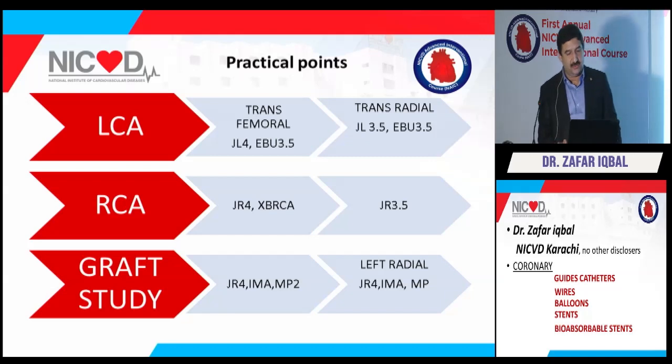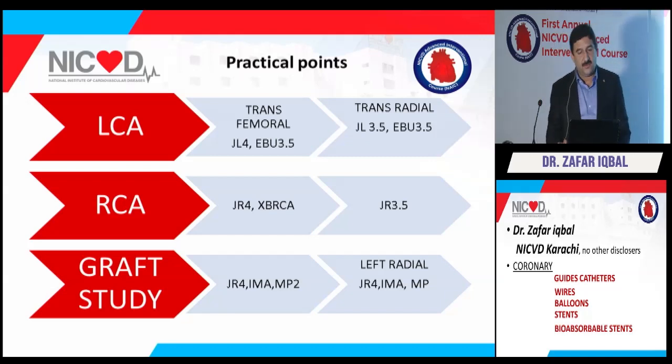And that also depends upon the support which we take from the different accesses. For the graft study, catheters like JR4 and IMA are used for the internal mammary artery. And for the left radial, most of the catheters used for femoral access are used.